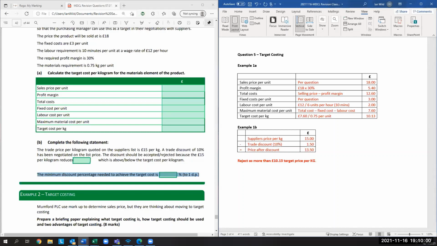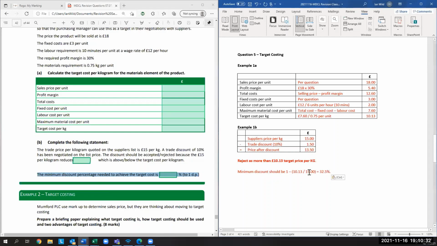So to work out the minimum discount, I'll pop this into a formula for us. We take the £10.13 that we have available, and we divide it by the price before the discount. Be careful, because they're asking what the minimum discount percentage is, so we must use the price before the 10% discount.